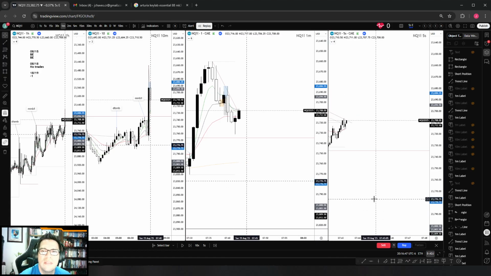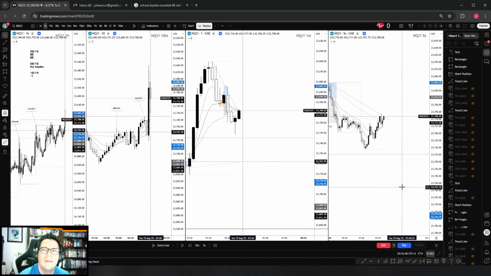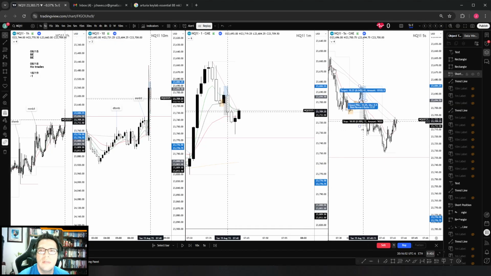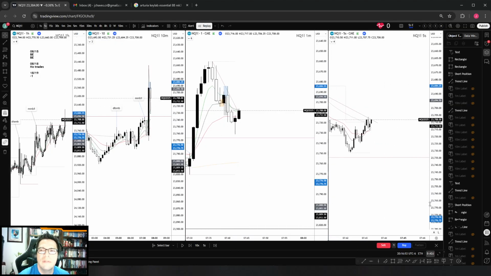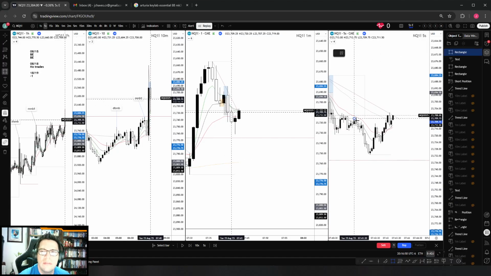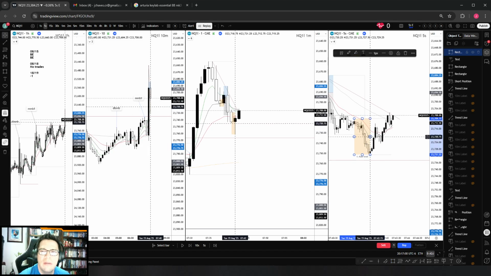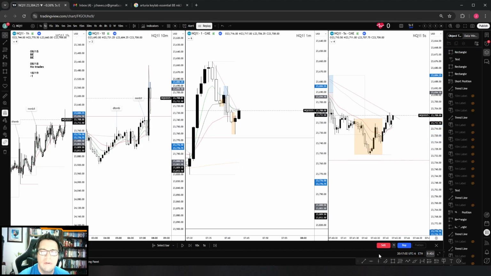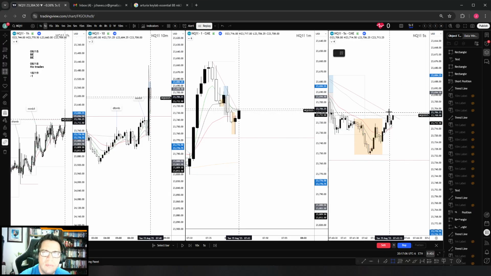So at this time, this is what I see. This is the containment line that we have. And then we had some sort of double MB out of this move, which gets validated. And then we had this double MB here.